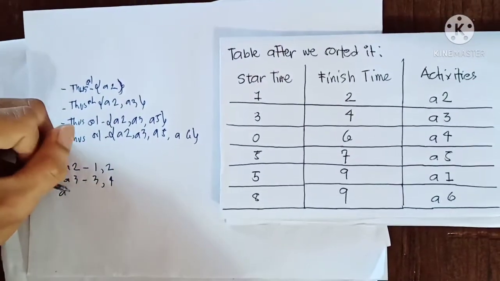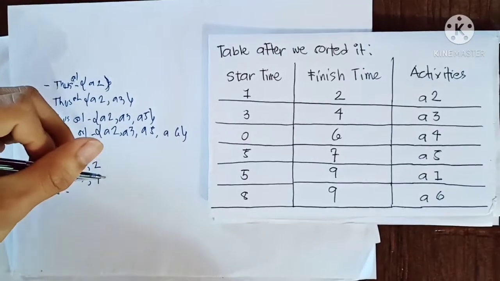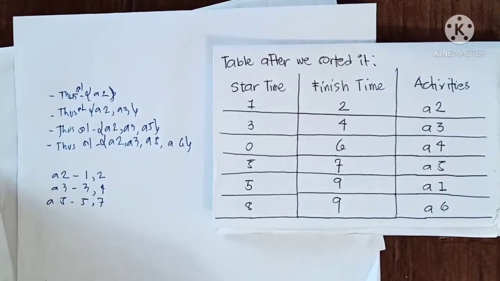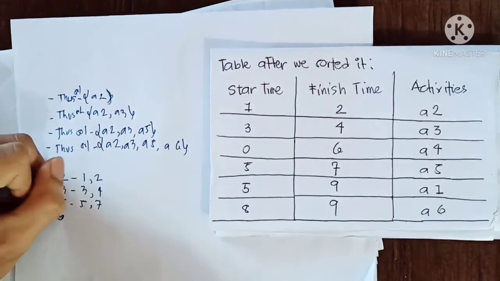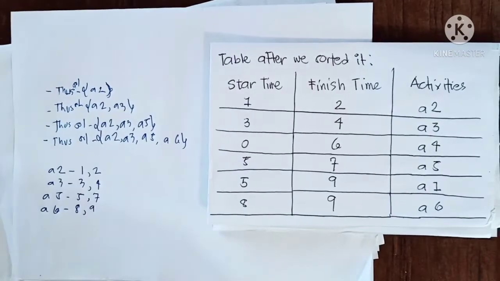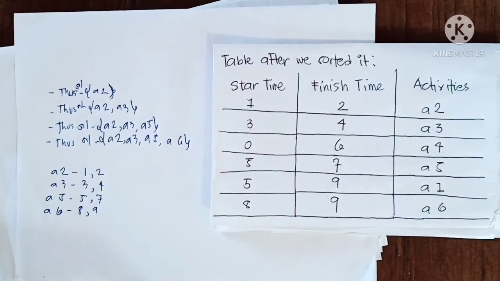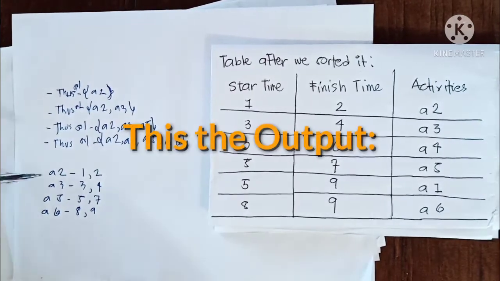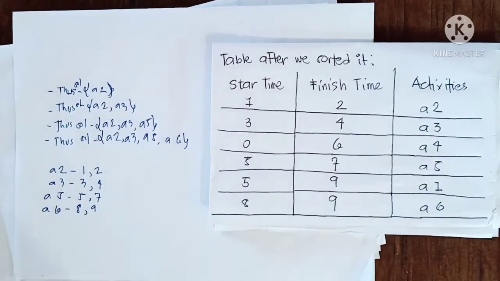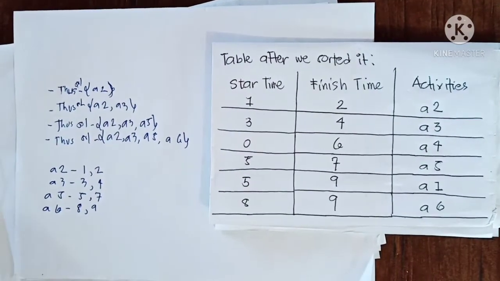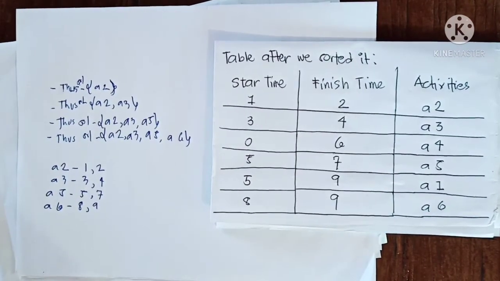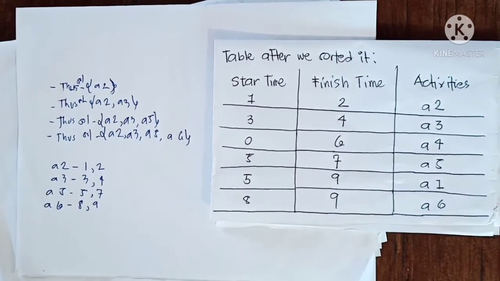The next one is activity 5, 5 to 7, and activity 6, 8 to 9. So these are all the answers to this problem. I hope you understand what the activity selection problem is and how we can solve it using a greedy algorithm.